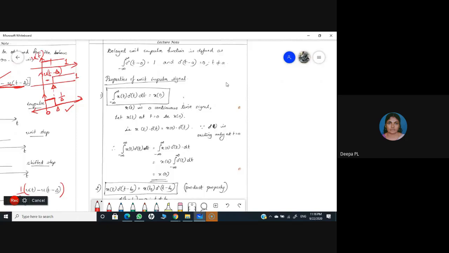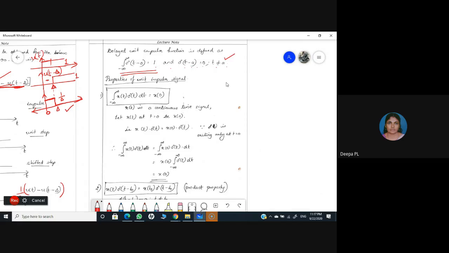First, before that, you have the delayed unit impulse function. The delayed unit impulse function is the same as the delayed unit step function. Here also the area under the curve is 1, but for delta of t minus a, it is equal to 0 for t not equal to a. That means it is defined only for t equal to a. Otherwise it is equal to 0.